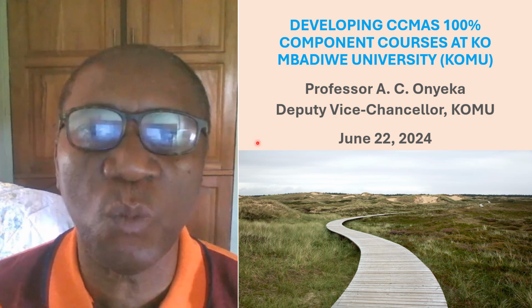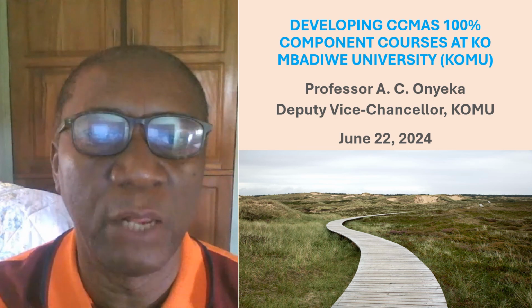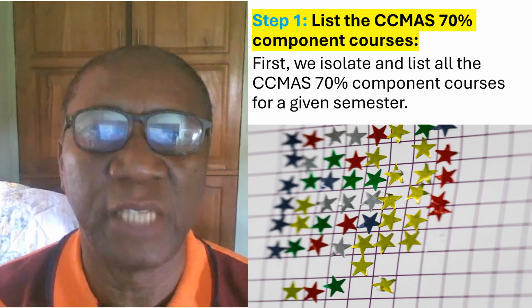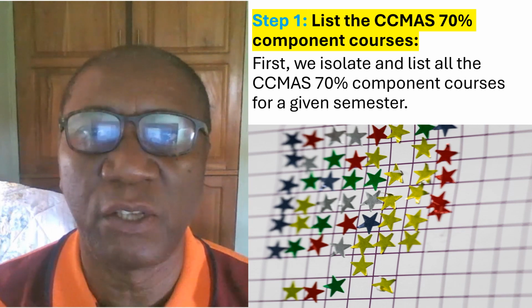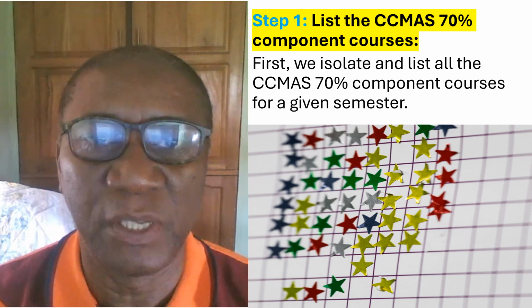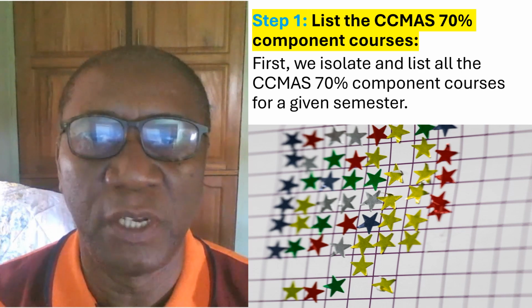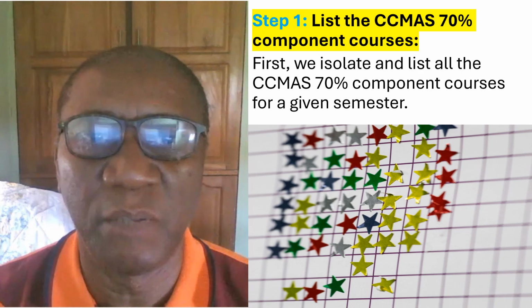Now, we are going to go into this discussion by looking at 5 steps. 5 steps we need to take in the process of combining the 70% and the 30% components of the CCMAS to have a holistic 100% CCMAS component.